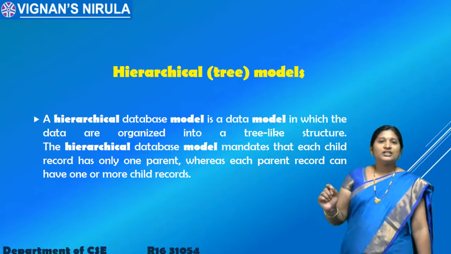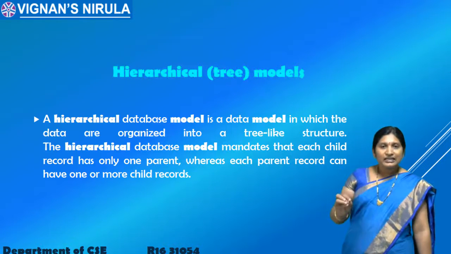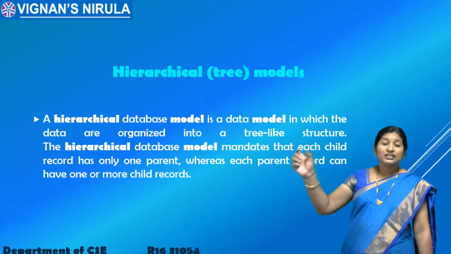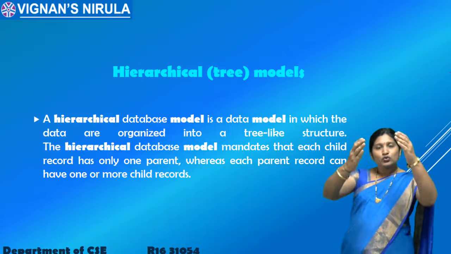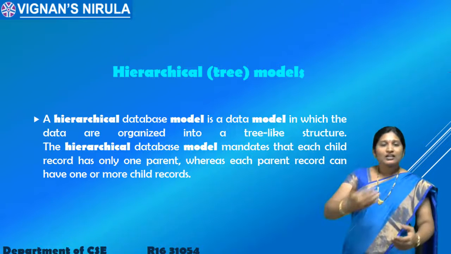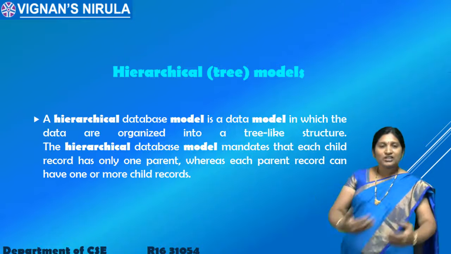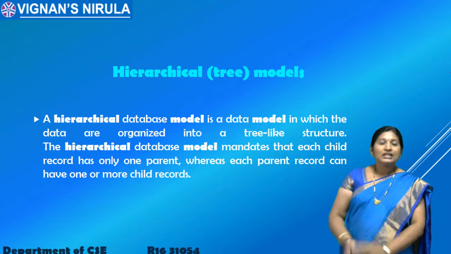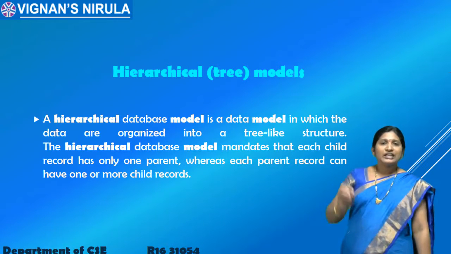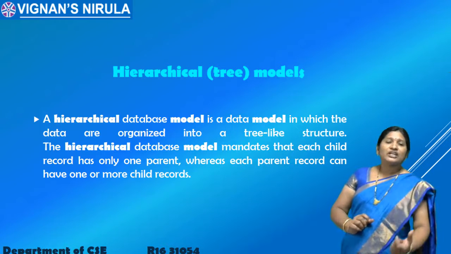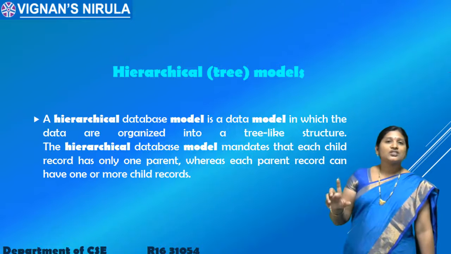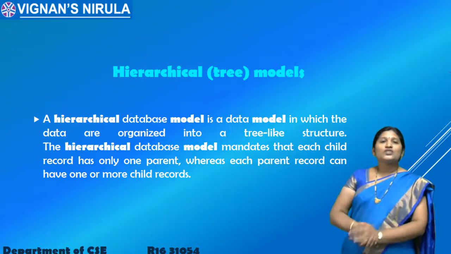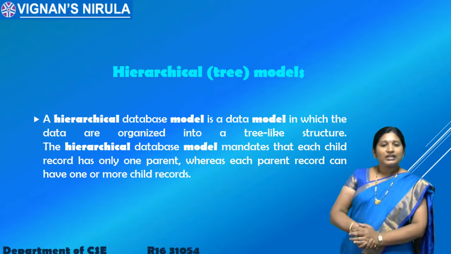As its name indicates, the hierarchical data model represents the data items arranged like a tree structure. In a tree structure, we have a root node, we have some parent, under the parent so many children are available, and for those children another level of children are available. Like that, whatever data items are available in our database, all of them are arranged like a tree structure, and that kind of data model is called a hierarchical data model.